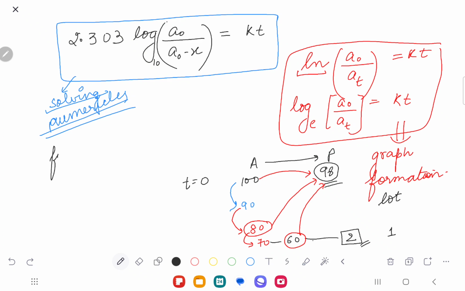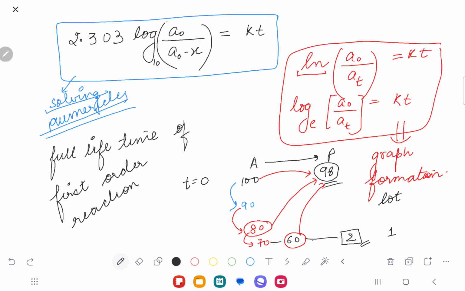Effectively, the full lifetime of first order reactions is infinite. I hope you're understanding. The full lifetime of a first order reaction is infinite.